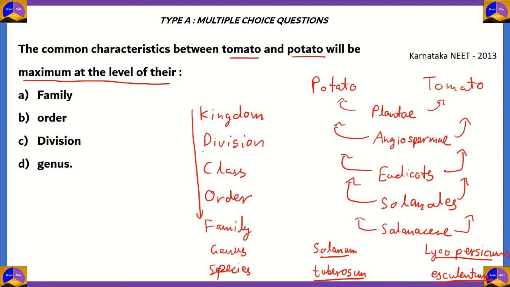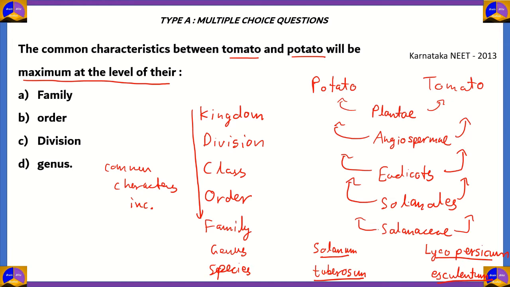So for example, for two plant species who are both belonging to kingdom Plantae, but their other taxonomic categories are different, they have very few common characteristics. However, in this particular case, if they are belonging to the same family, that means they have more common characteristics. So basically, the common characters increase as we move down the taxonomic category.